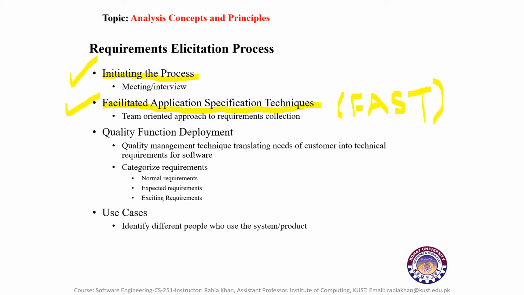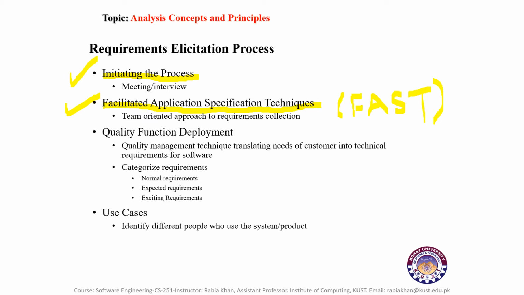Now a team-oriented approach needs to be established in order to generate more information. This approach encourages the creation of a joint team of customers and developers who work together to identify the problem, propose elements of the solution, negotiate different approaches, and specify a preliminary set of solution requirements.